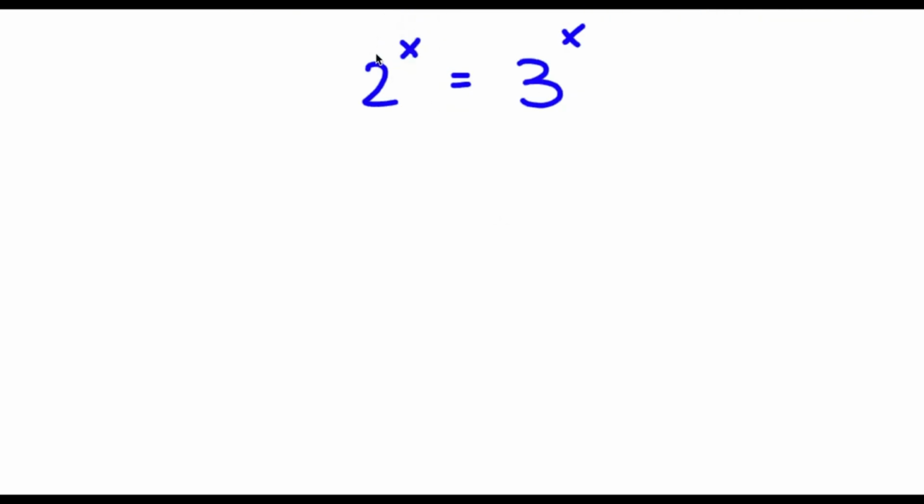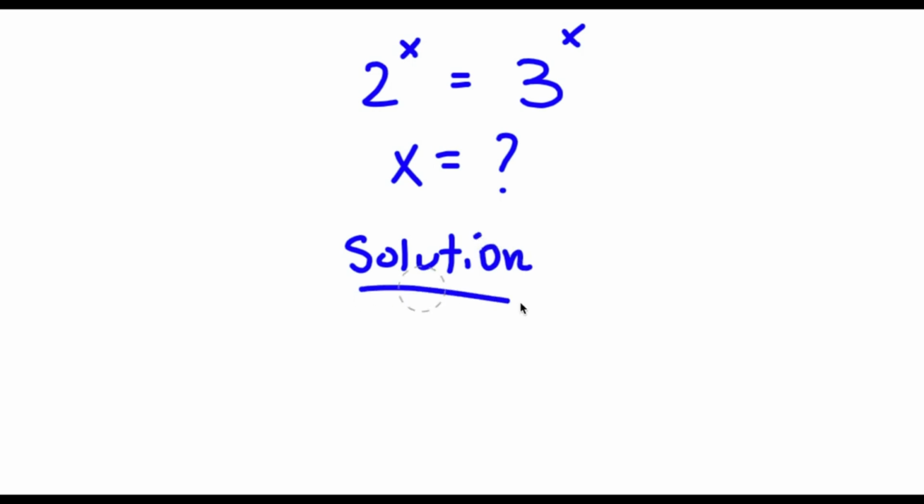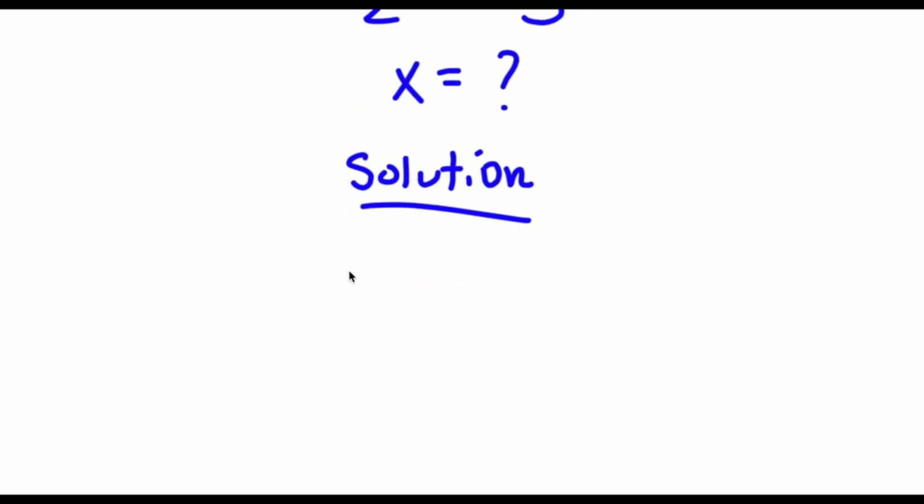All right, so I have 2 to the power of x is equal to 3 to the power of x. So now I want to find the value of x. So for my solution here, first start with 2 to the power of x is equal to 3 to the power of x.